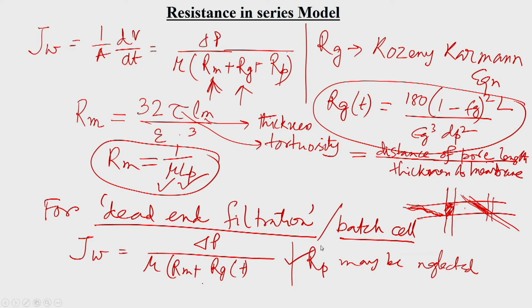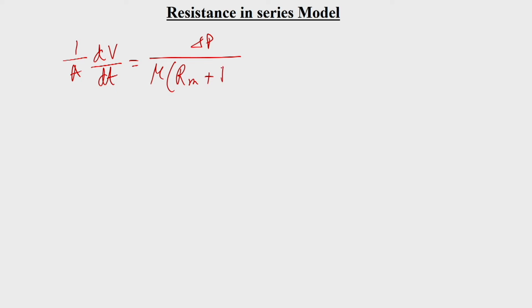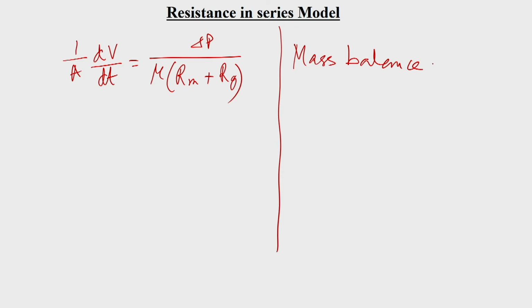So, J w is equal to 1 by A dV dt, which is equal to delta P by mu into R m plus R g. We will get R g from the solute balance. Suppose for R g we can do the mass balance on the gel layer.